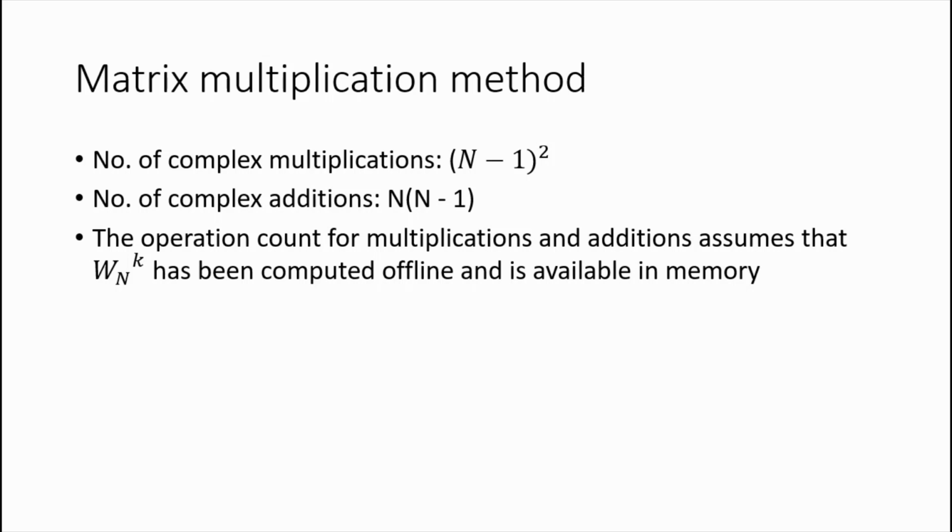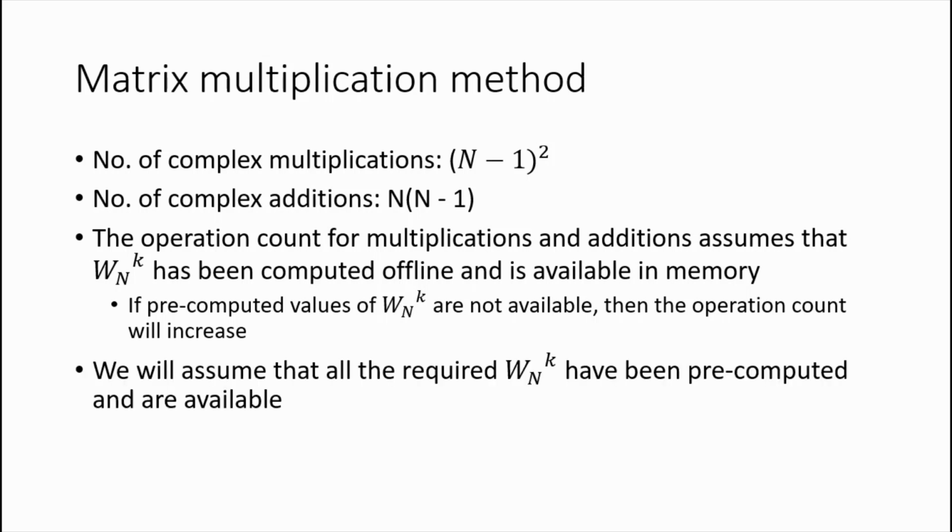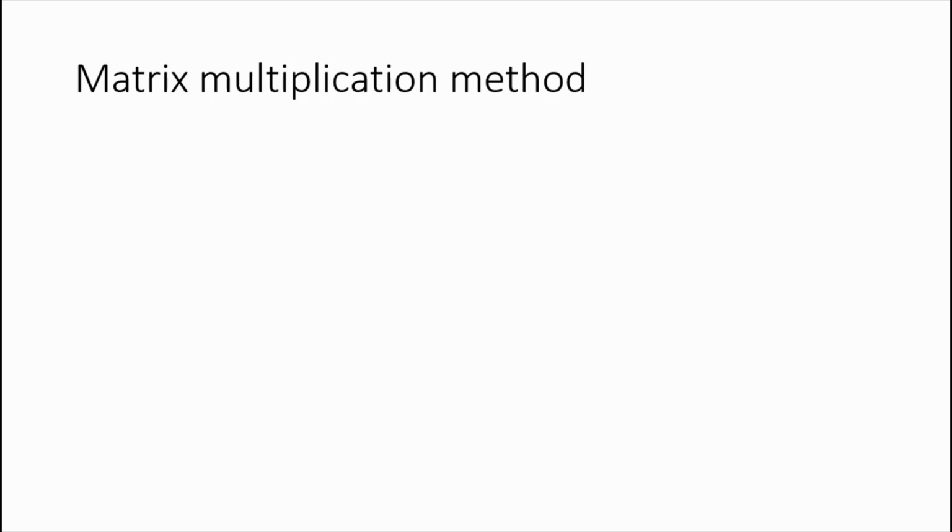The operation count, multiplication and addition, assumes that WNk has been computed offline and is available in memory. If pre-computed values of WNk are not available, then the operation count will increase. We will assume that the required WNk have been pre-computed and are available.